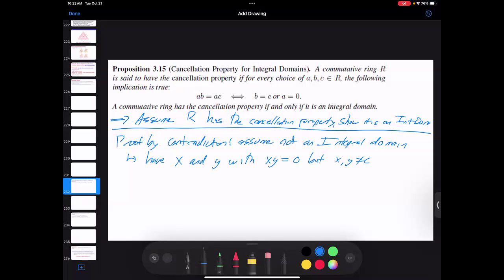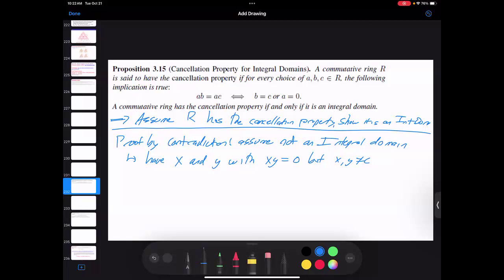So we want to show that this can't be, that R can't have the cancellation property. And because we've assumed R has the cancellation property, that means our assumption was wrong, so it has to be an integral domain.